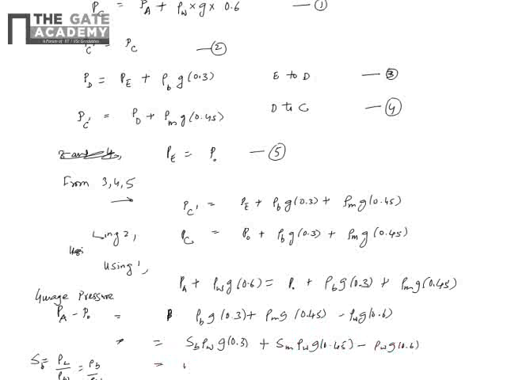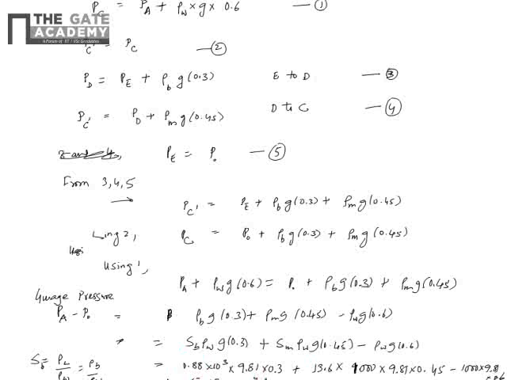So now density of benzene is given as 0.88, density of water is 1000, into G is 9.81 into 0.3. Substituting, density of mercury is 13.6 into 1000 into 9.81 into 0.45 minus 1000 into 9.81 into 0.6.